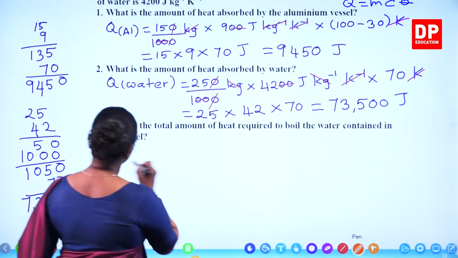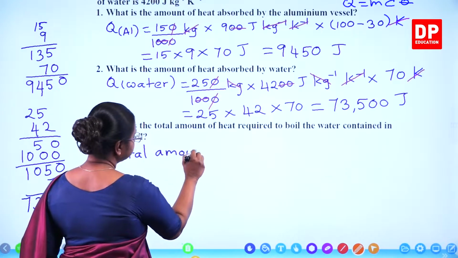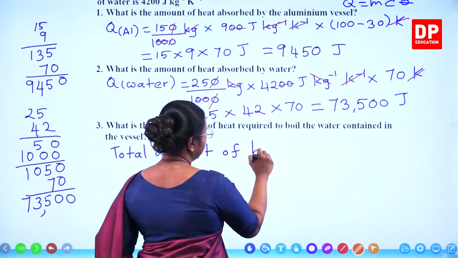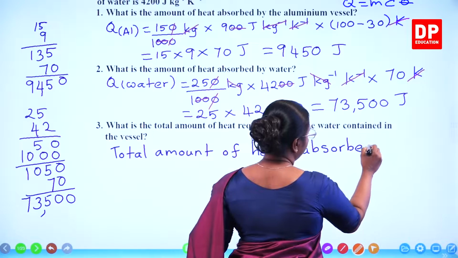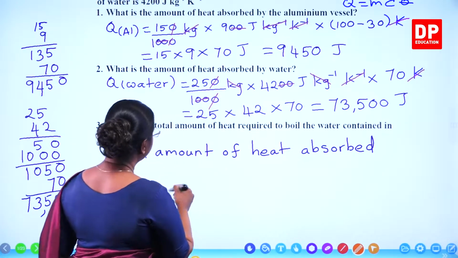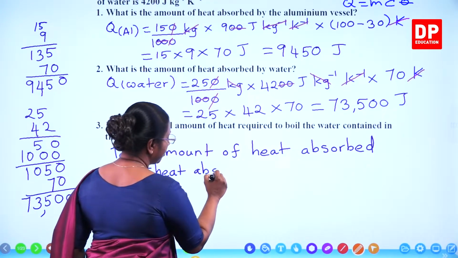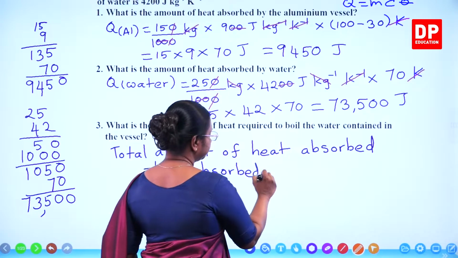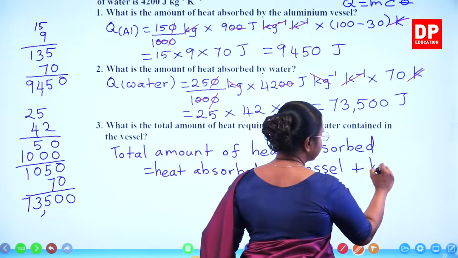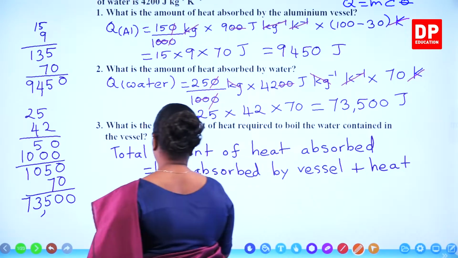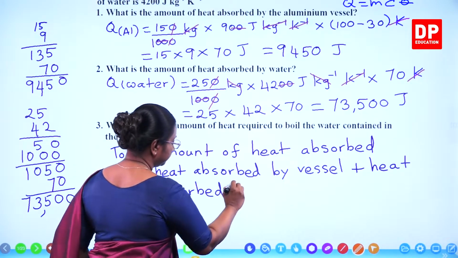So of course, in order to calculate the total amount of heat absorbed, or you can even say required, that is equal to heat absorbed by vessel plus heat absorbed by water.